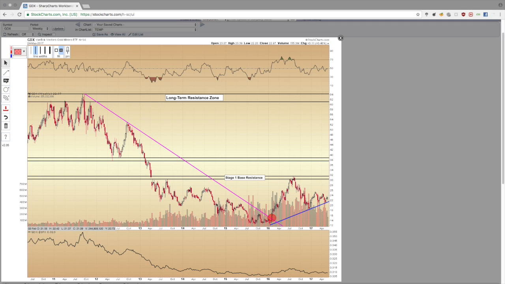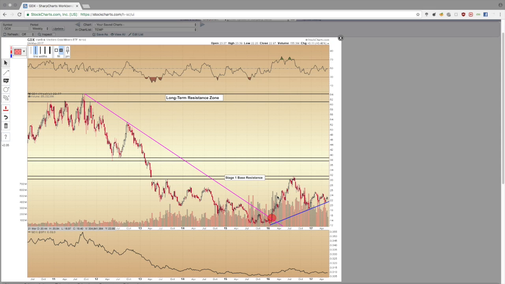Why rush it, right? Why try to guess when this trend will be broken? Why not let it be broken? So this is the power of the long-term downtrends and the breakouts that happen from these long-term downtrends.